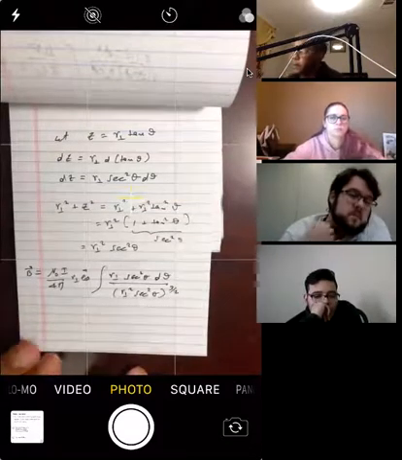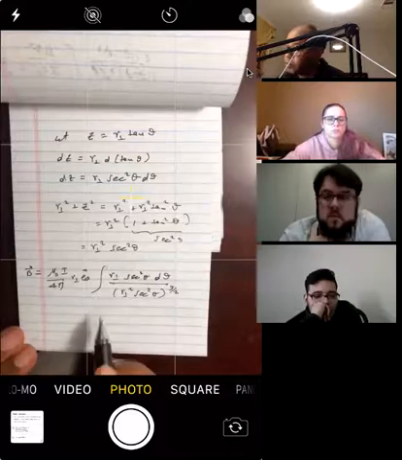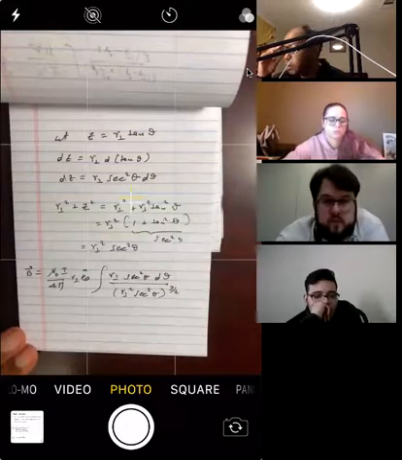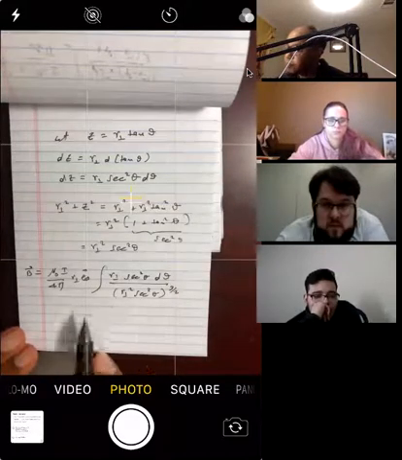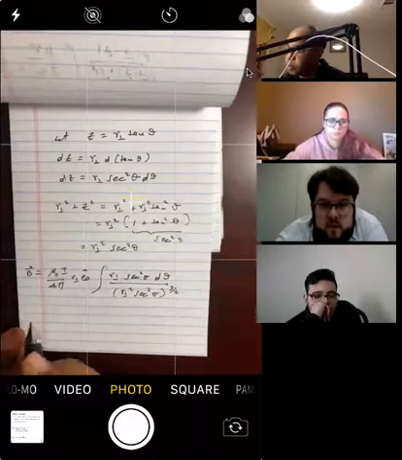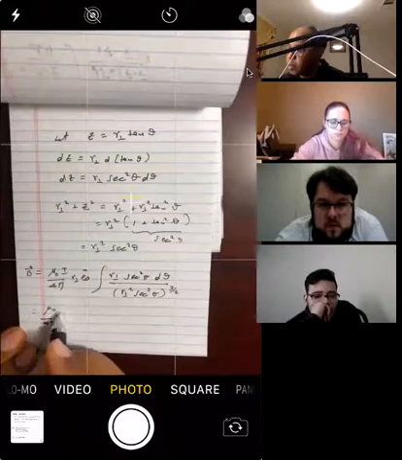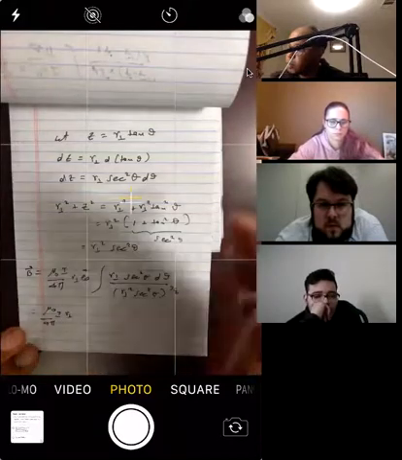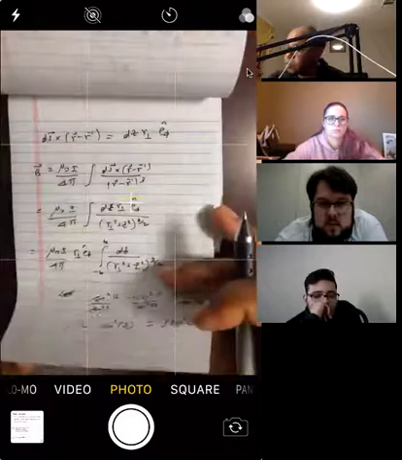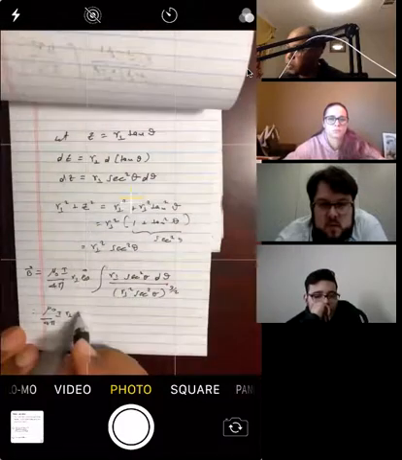So what does it simplify to? This is mu naught over 4 pi I, and you've got e phi over here.